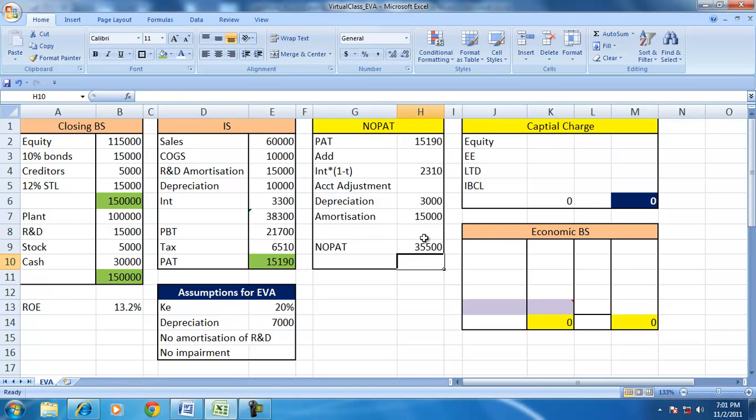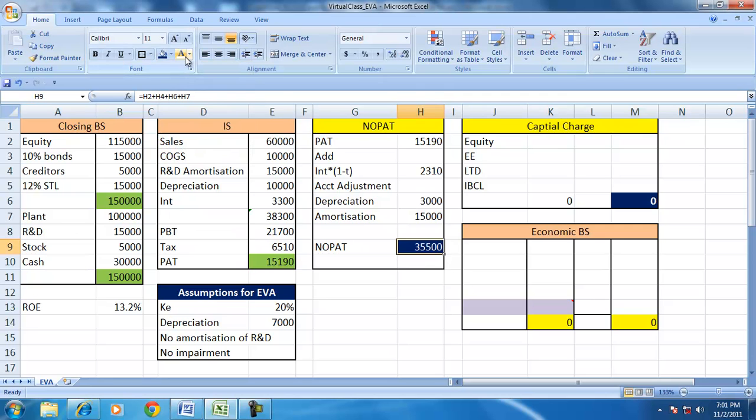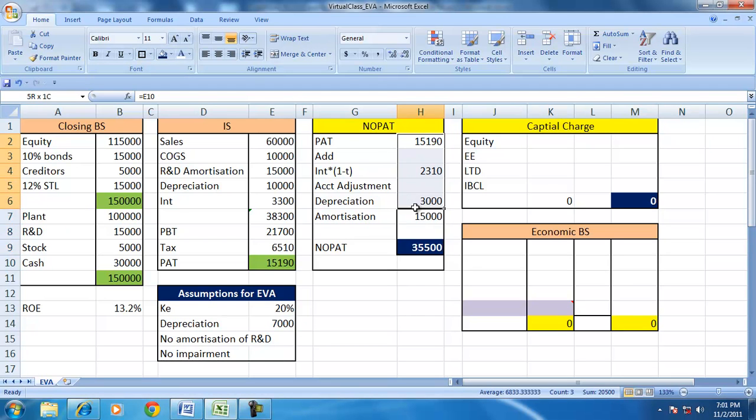So it is 35,500, the profit of an unlevered firm, or rather adjusted profit of an unlevered firm. Unlevered firm because we have removed the effect of the leverage, but we are not going to ignore it. We take that under the capital charge. So NOPAT is 35,500, which is calculated by taking interest and the accounting adjustments.